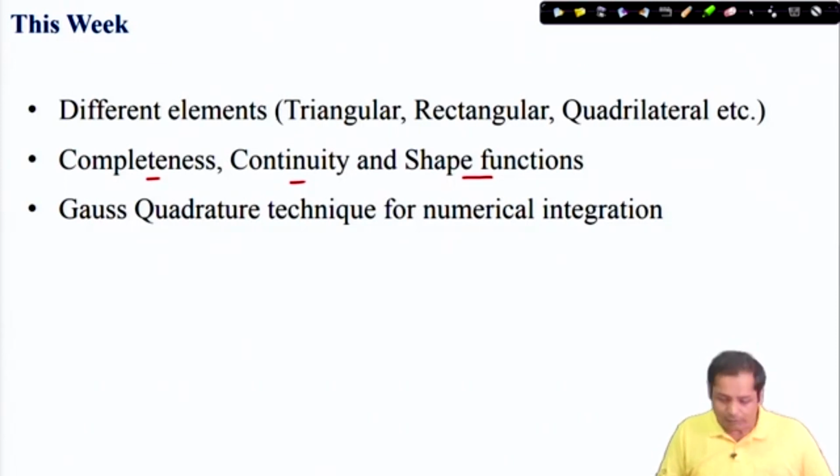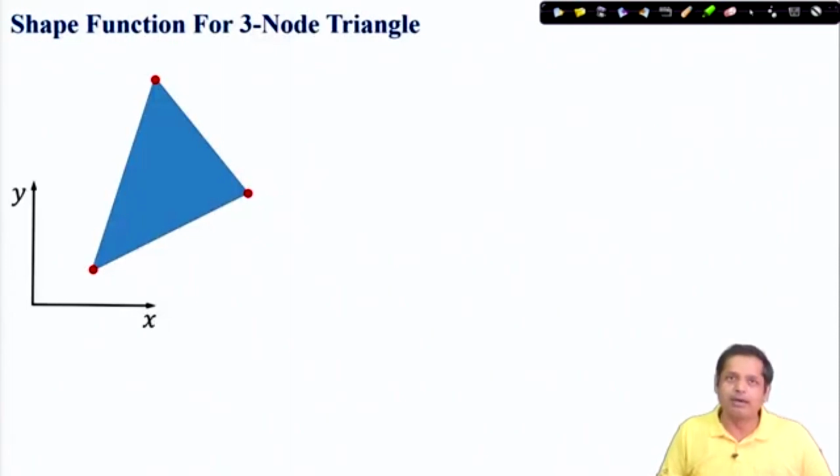Now, since today is the first class in this week, whatever understanding we have, we have already constructed shape functions for one-dimensional problems. So, we already know how to do that. Based on that understanding, let us construct shape functions for the most basic element in 2 dimensions.